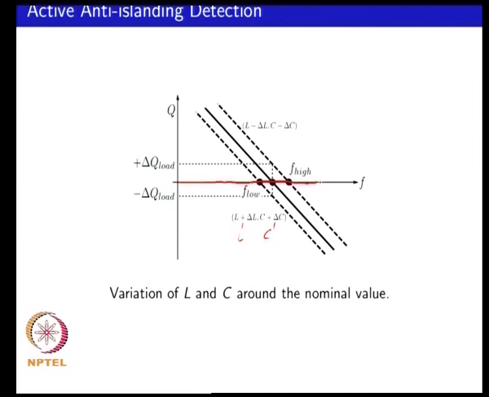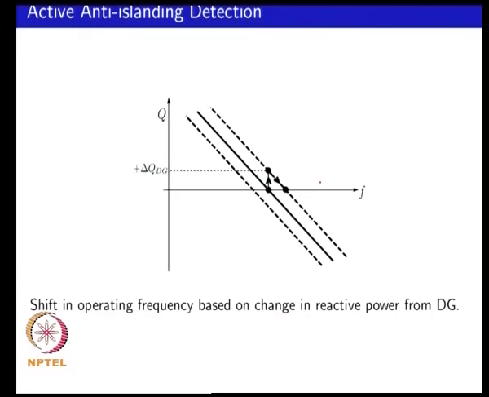Then you could look at the next situation. Here we looked at where there is variation in L and C around the nominal value, and what would happen if there is a change in reactive power from the DG. Here we are assuming that the DG power variation is modeled as an equivalent LC load variation.